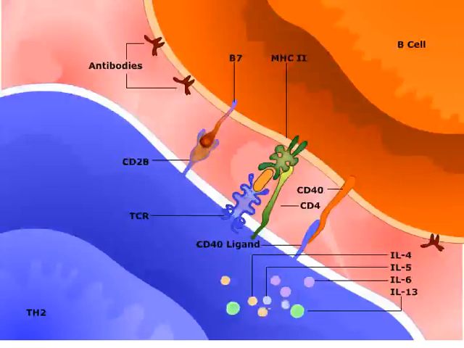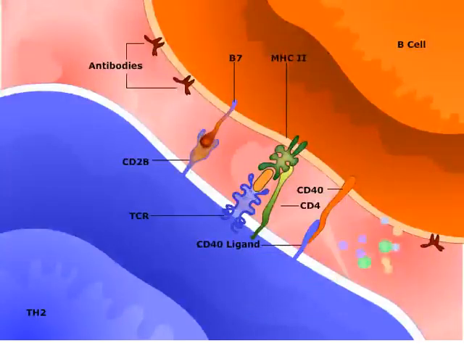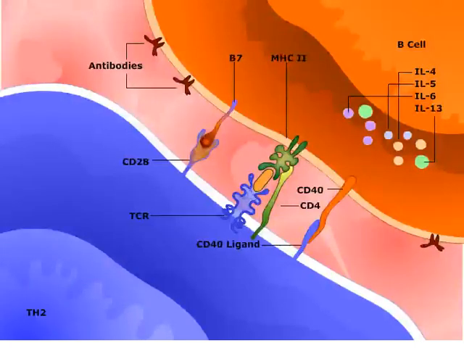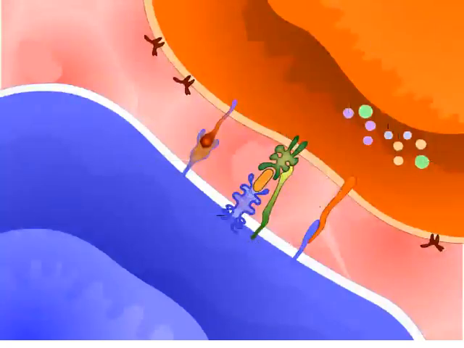The final signal delivered by the T helper 2 cell is the release of cytokines into the B cell, which include interleukin 4, interleukin 5, interleukin 6, and interleukin 13. This induces the differentiation of B cells into antibody-secreting cells and memory cells.